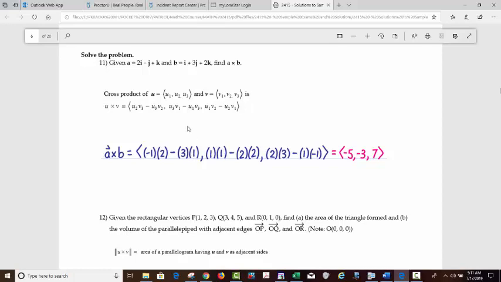Let's move over to the middle. U3 V1, so it's 1 times 1, and then minus U1 V3, which is 2 and 2. The last one is U1 V2, which is 2 times 3, minus U2 V1, which is -1 and 1.